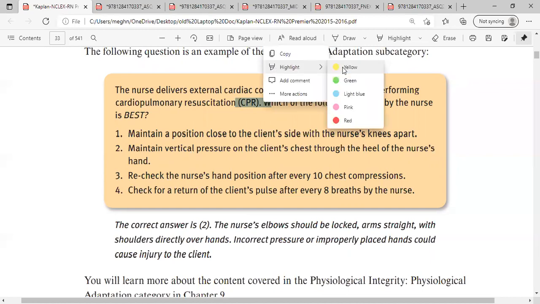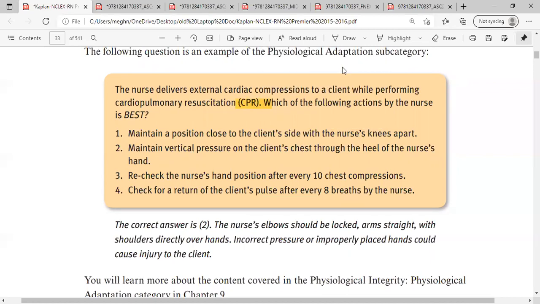So if you want to work as a healthcare provider, you have to have the CPR card. So which of the following actions by the nurse is the best one? External cardiac compression to a client while performing cardiopulmonary resuscitation.